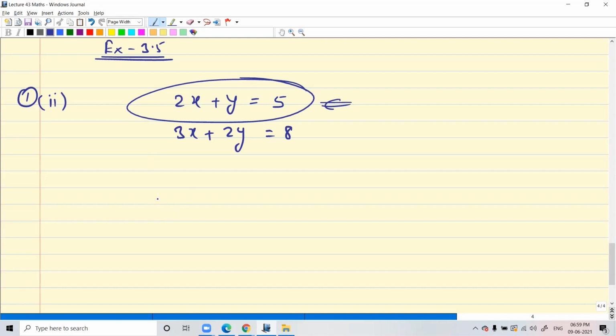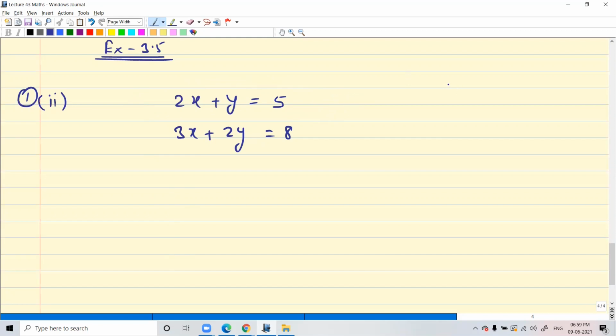No, I'm not talking about the cross multiplication right now. Forget about cross multiplication. I'm just saying if I have a pair of linear equations in two variables, I need to write them in the standard form. Is it already in the standard form right now? Do you remember the standard form?